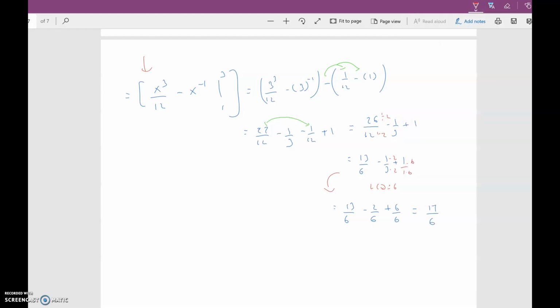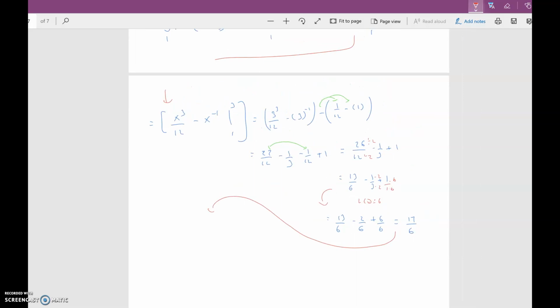Okay, let me double check because it was a little bit long. But in this case, we're looking at L is equal to 17/6 units, and as a decimal approximation, about 2.8.